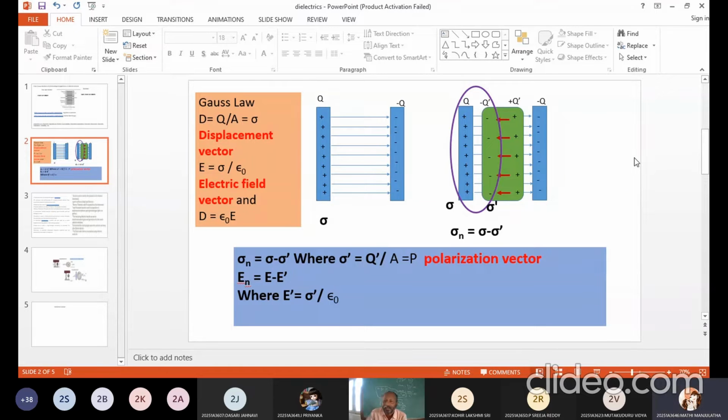Place it in an electric field, sir. Beautiful. Now place it in an electric field. If it gets affected by the electric field, that implies this also has got charge. If it does not get affected by the electric field, that implies it does not have charge. Simple.